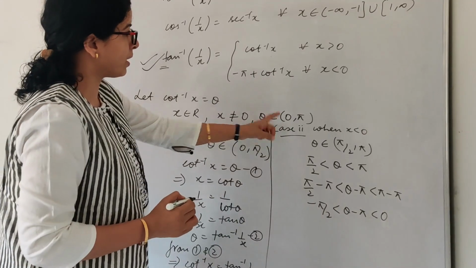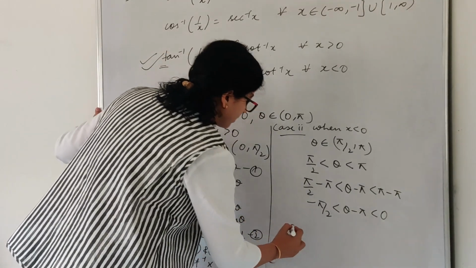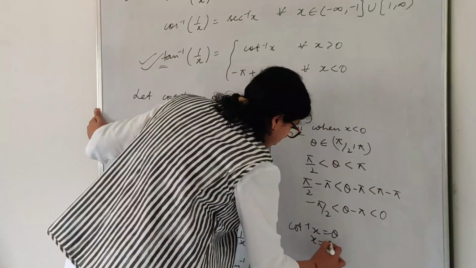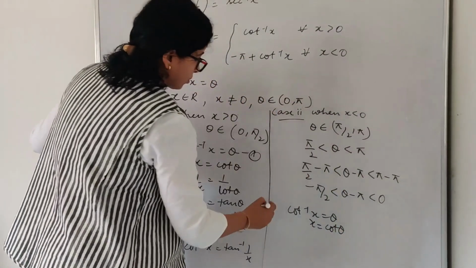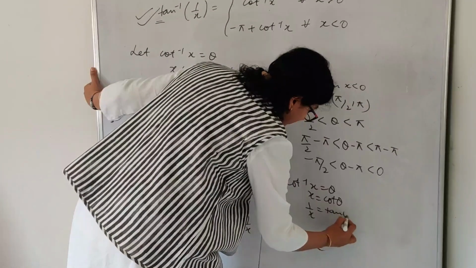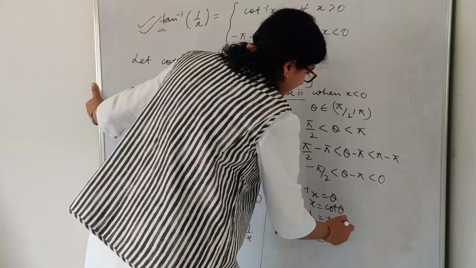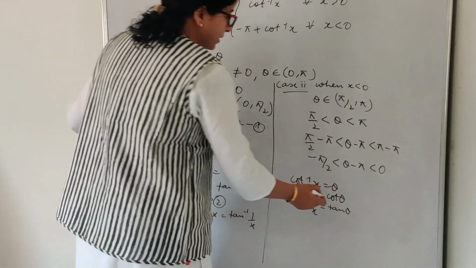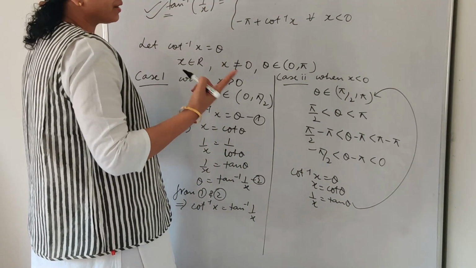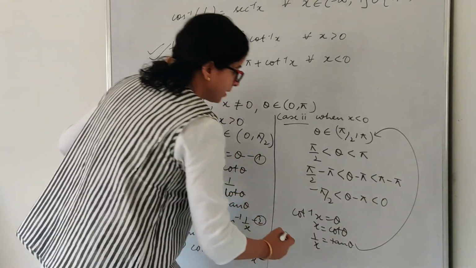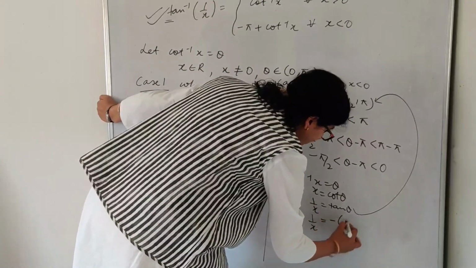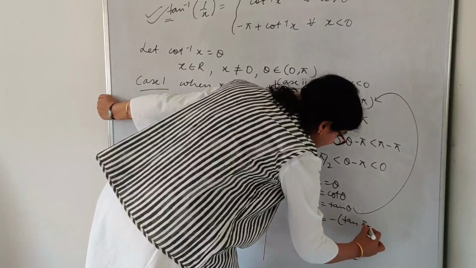Okay. Now I will substitute. So what is my cot inverse x? It is theta. So x is equal to cot theta. So what does that mean? 1 by x is equal to tan theta. If I am writing tan inverse over here, now since my theta belongs to this region, my tan theta will be negative, right? So I can write 1 by x equals minus tan of pi minus theta.